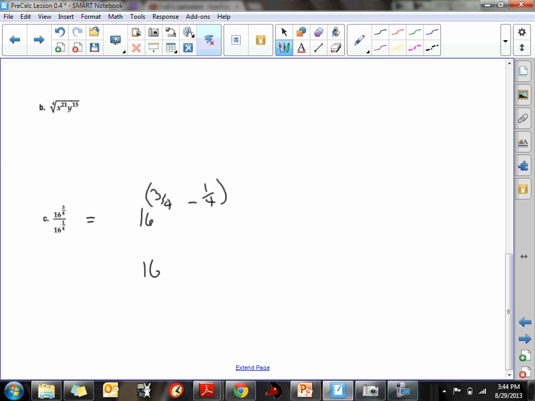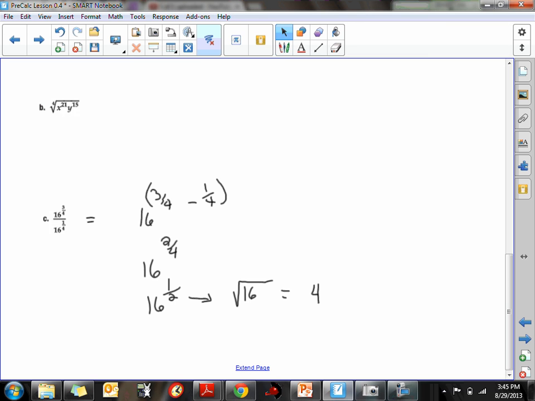Then that's 16 to the 3 minus 1, that's 2/4, which is 16 to the 1/2. But 16 to the 1/2 is the same thing as the square root of 16, which, if we want to reduce, is just 4. The principal square root is 4.